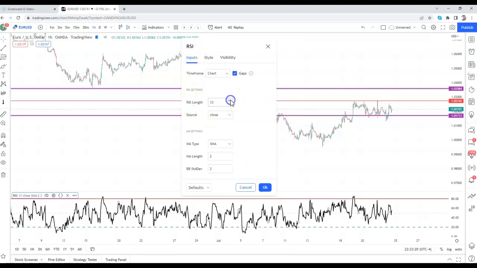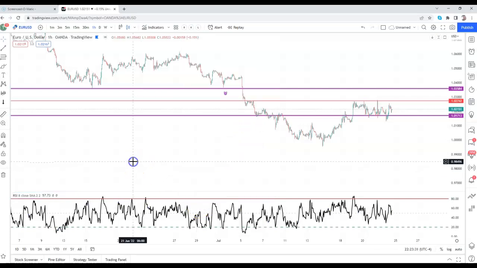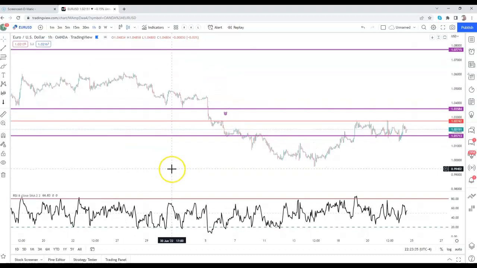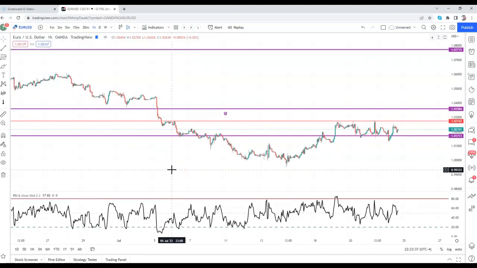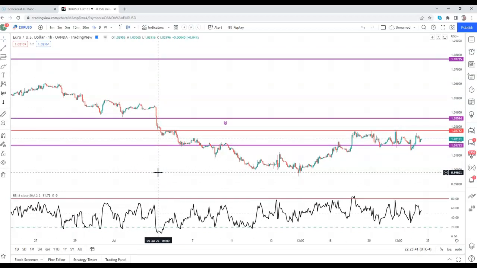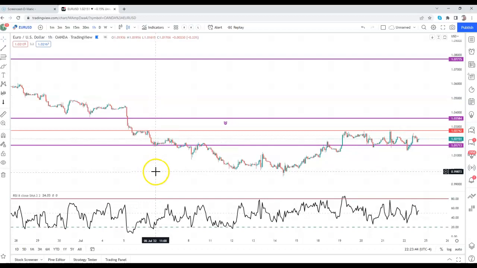You can go up or down, change it all around, whatever you want to do. Once you change anything, always make sure you go to default and click save as default if you want it saved. If you don't want it saved or don't care to save it, you could just go on about your day. But if you want to use it again with the same setups or same inputs, then click save as default.